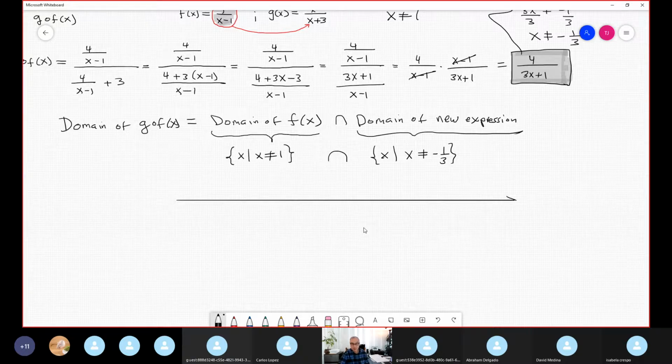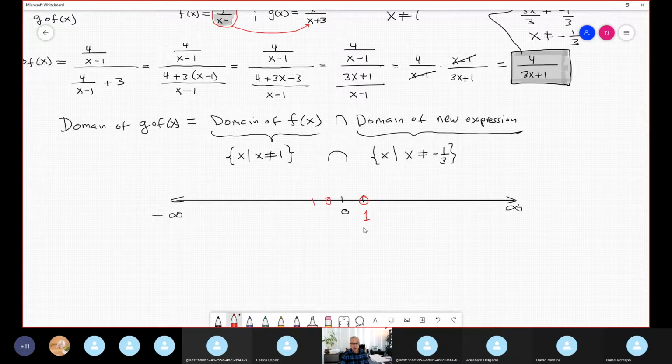Okay, the representation of this domain is the real numbers. Look, and we have two bad guys. This is 0. We have one hole at 1, and we have another hole at negative 1/3. This is, I suppose, negative 1, negative 1/3, looks like that.